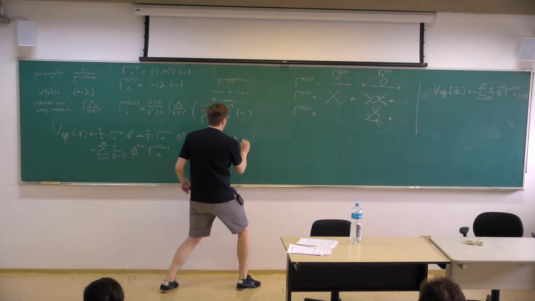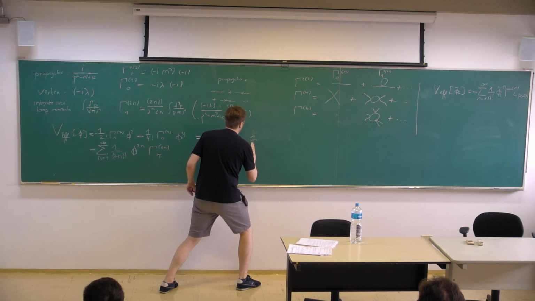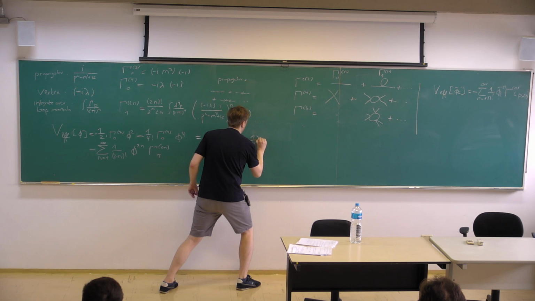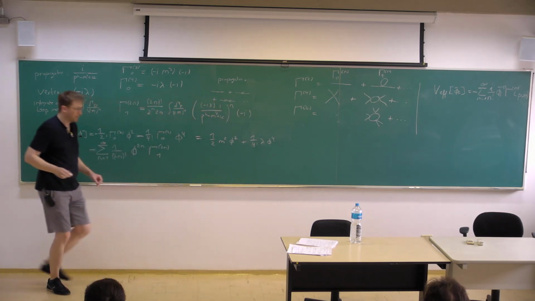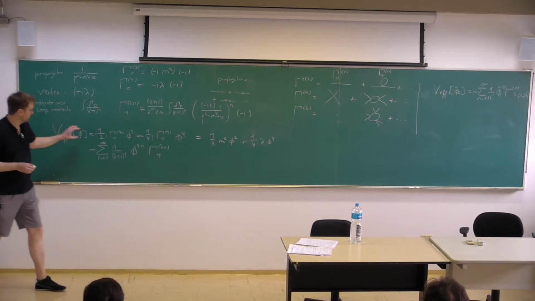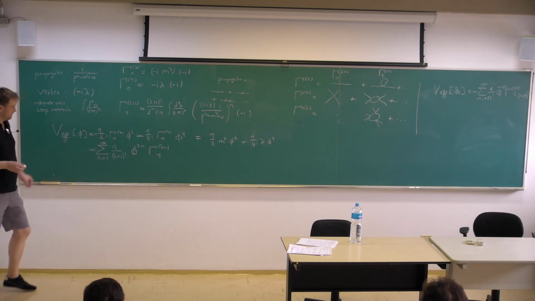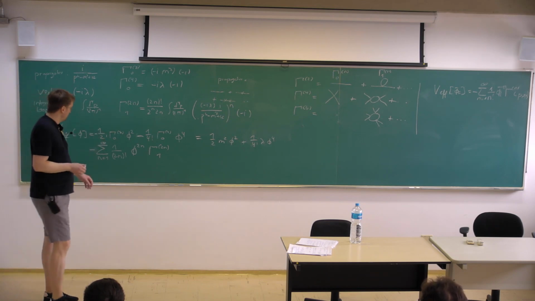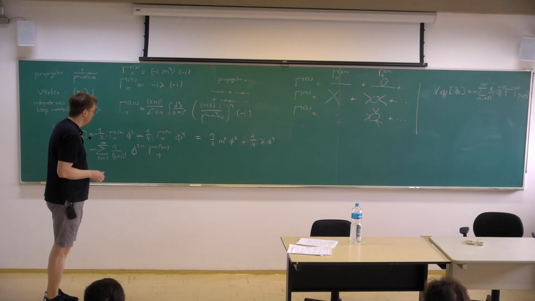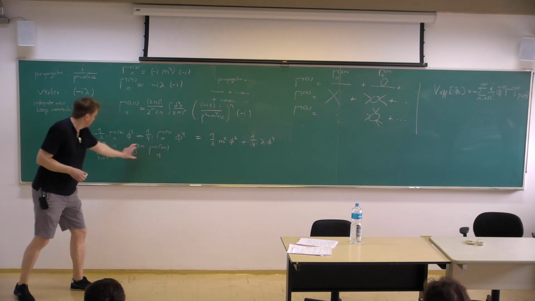So I get plus 1 over 4 factorial lambda phi to the 4th. So this piece just reconstructs the tree level potential, right? So far so good. But now the interesting piece is this one loop correction.